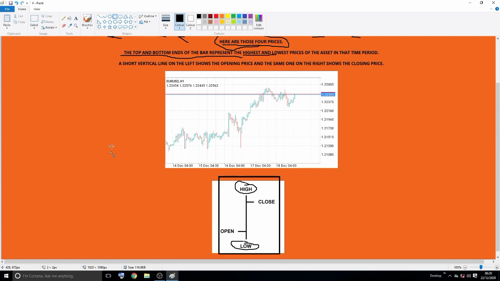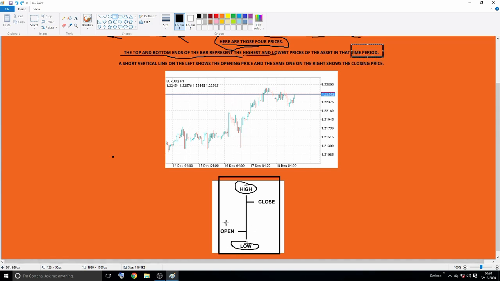A bar chart is made of a lot of these different kinds of bars. We have small ones, we have long ones. As you can see here, this one is longer than the others. We have short ones. So the top and the bottom ends of the bar represent the highest and the lowest price of the asset in that time period.